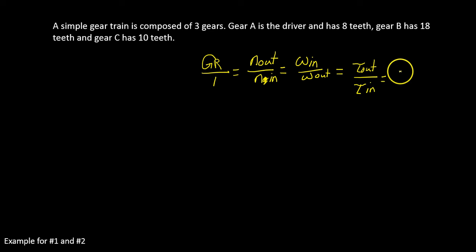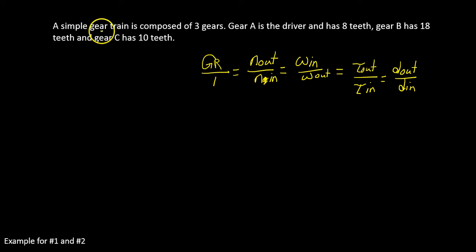And that's also equal to the diameter out divided by the diameter in. Now this one is specifically if we're talking about a sprocket and chain or pulleys, belts on gears and things like that. If you've reviewed your PowerPoint presentation on gears like you should have, you should be familiar with this.